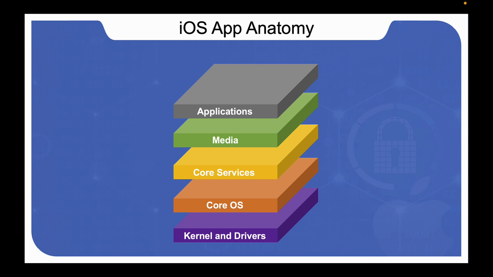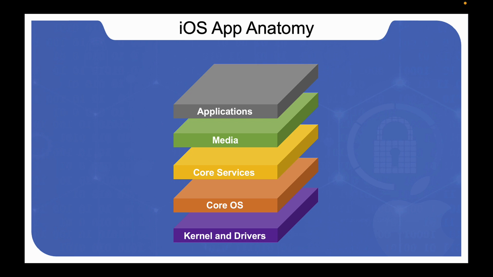The application layer, or you can name it the Cocoa Touch, is responsible for the user interface and views control, mainly touch and motion events and user interface management, such as, for example, copy and paste. Now, the media layer is responsible for the graphics, audio, and video set of technologies.